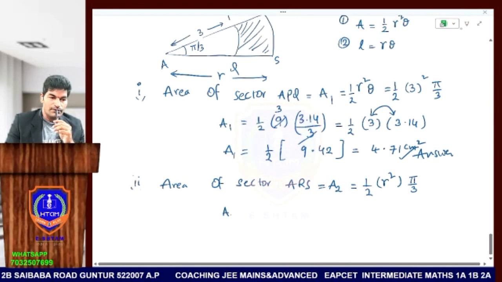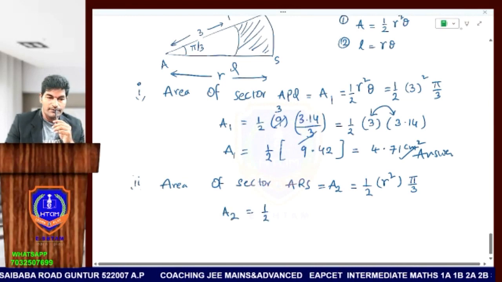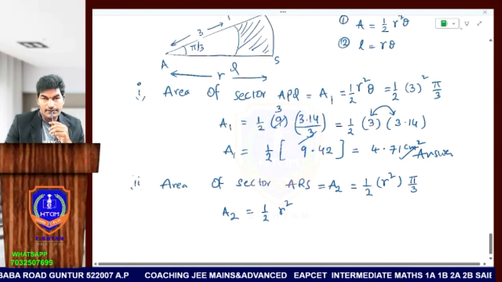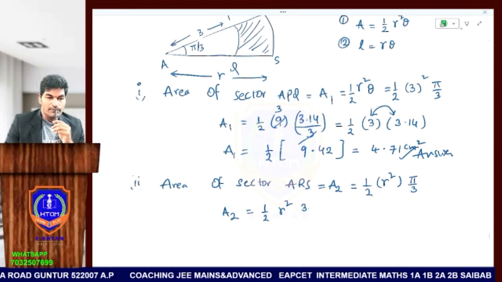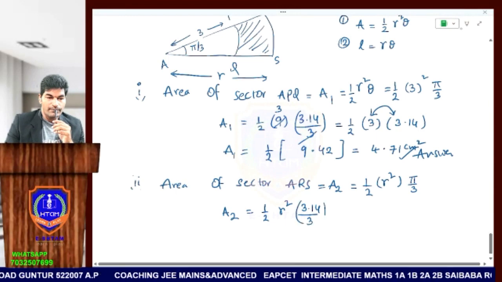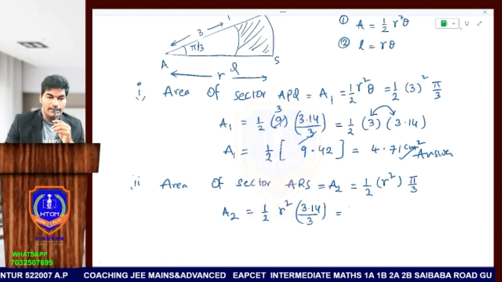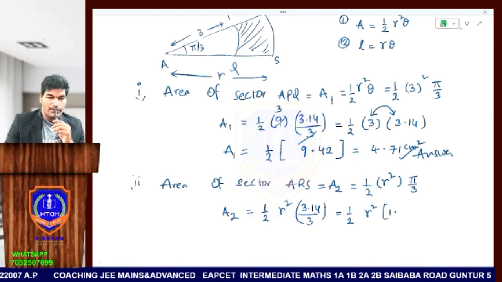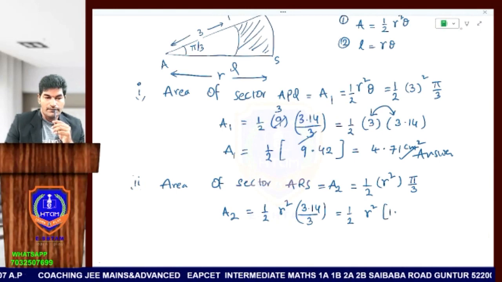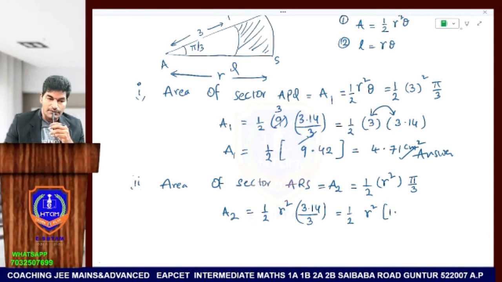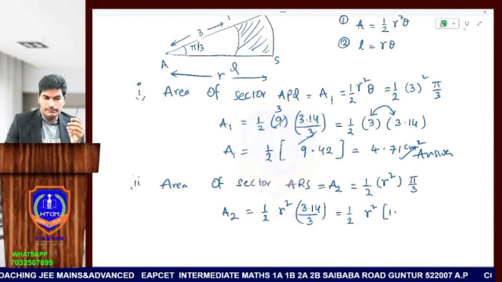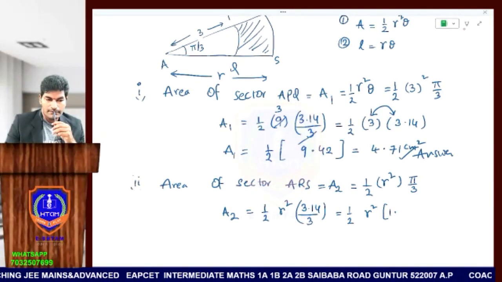Now A2 equal to 1 by 2 times, we will keep this R square the same. And pi was how much? 3.14 divided by 3. Just cancel this, 3.14 by 3, and this will be 1 by 2 R square times 1.046.